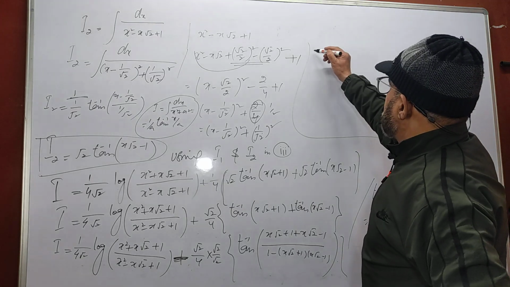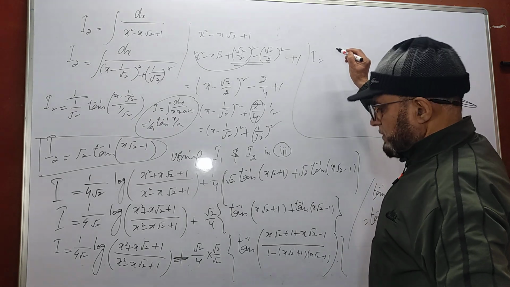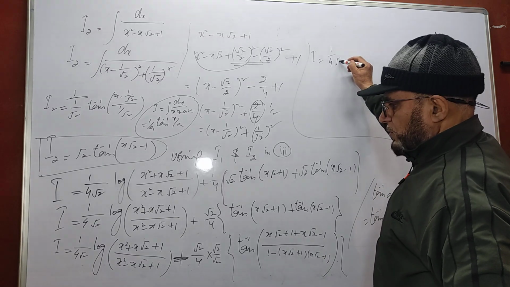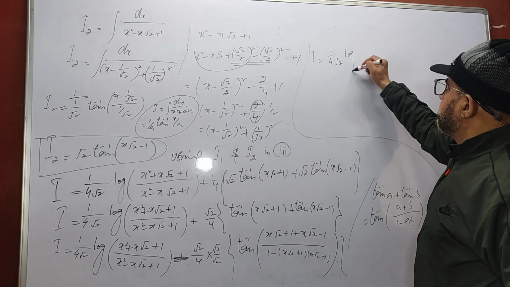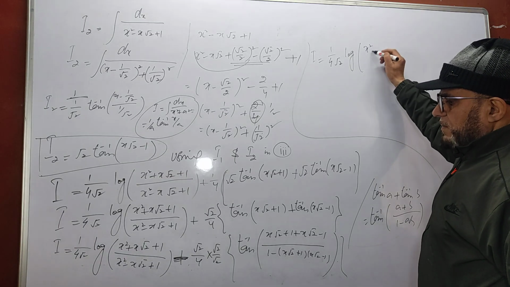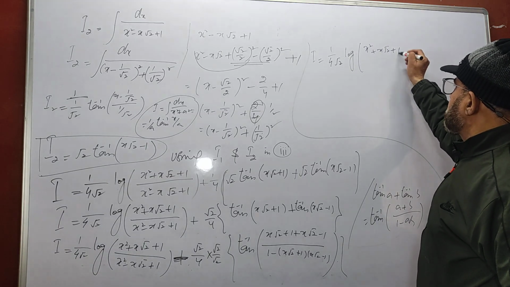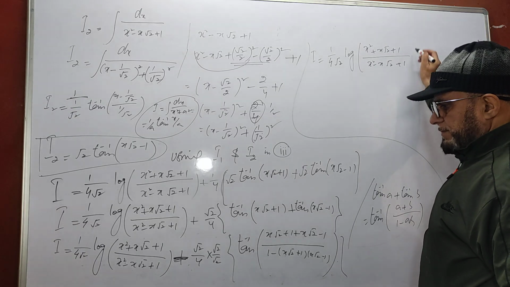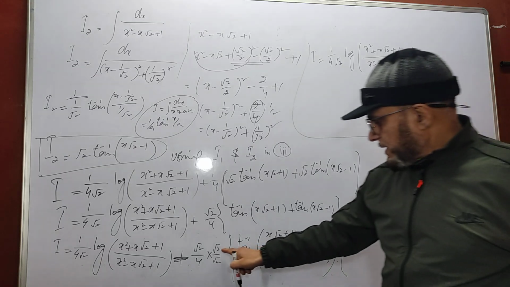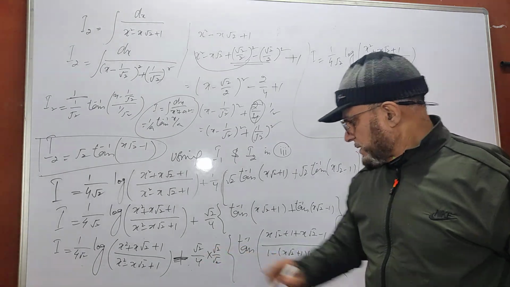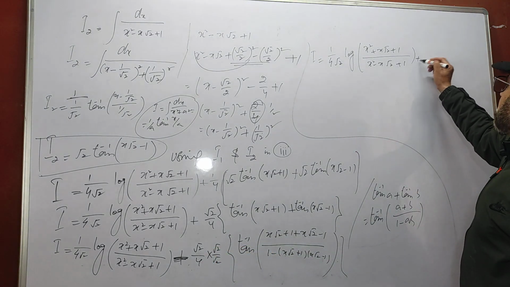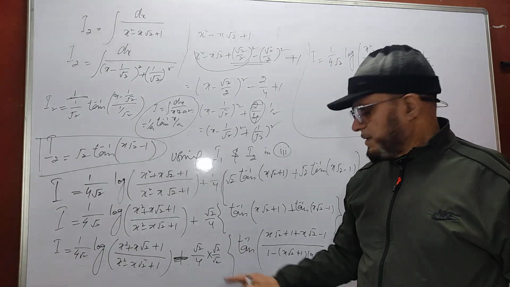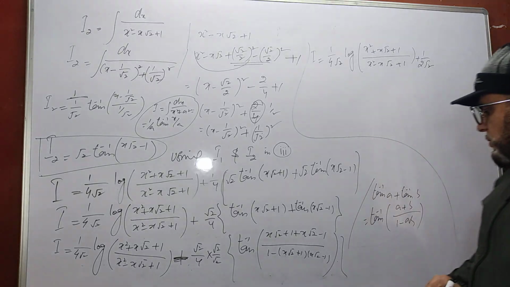This is your I is equal to 1 by 4 root 2 log of (x square plus x root 2 plus 1) by (x square minus x root 2 plus 1). Then you are rationalizing there. This is root 2 root 2, 2. This is 2 plus 1 by 2 root 2. I have taken root 2 here so that this root 2 gets cancelled, it is 2 root 2.